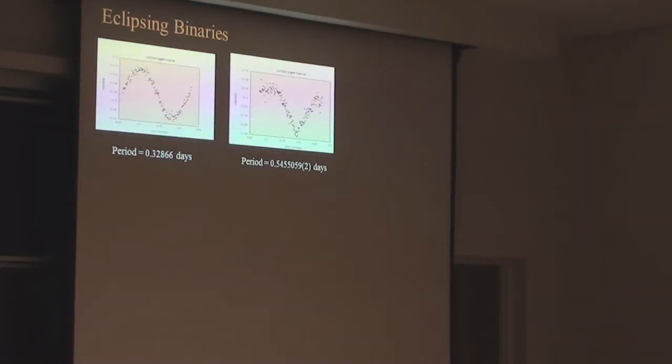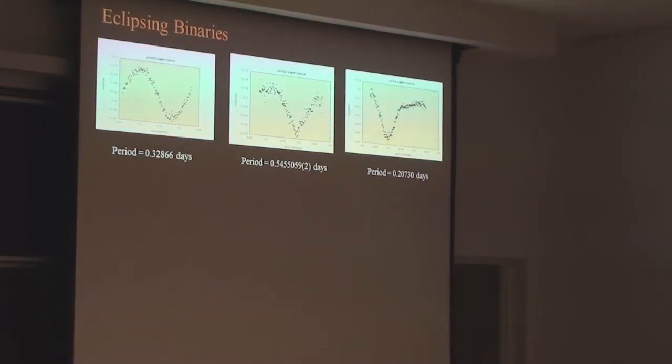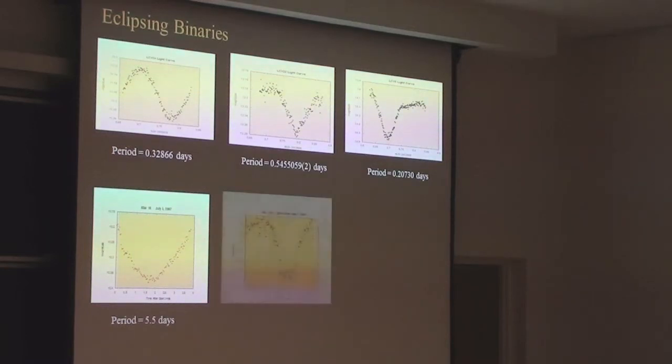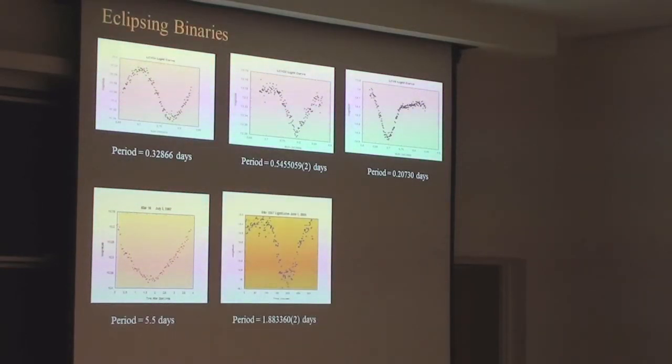There's a beautiful partially eclipsing system where you never get the full flat-bottomed eclipse, but it just nips across there. That's one of the two stars that was known previously as a variable star. So we know that pretty much better now.